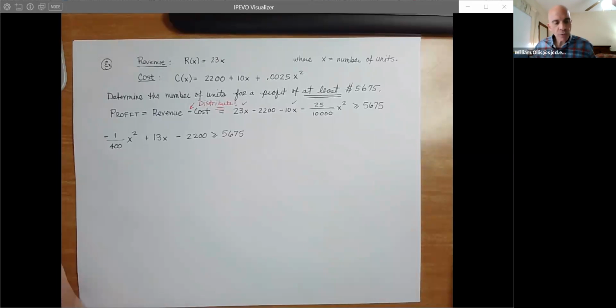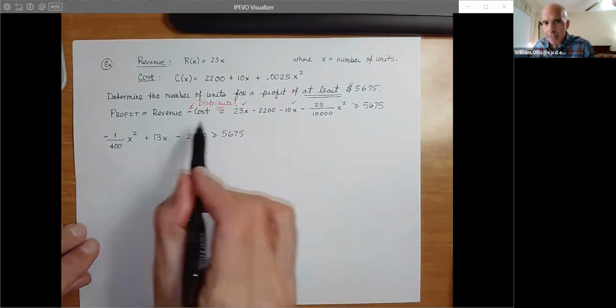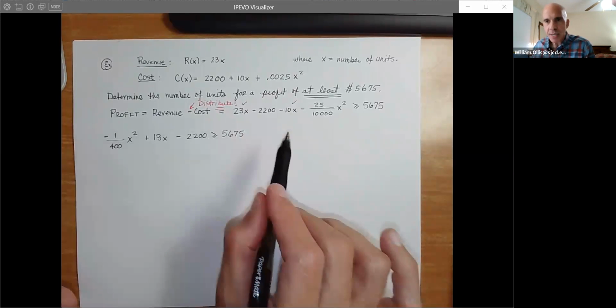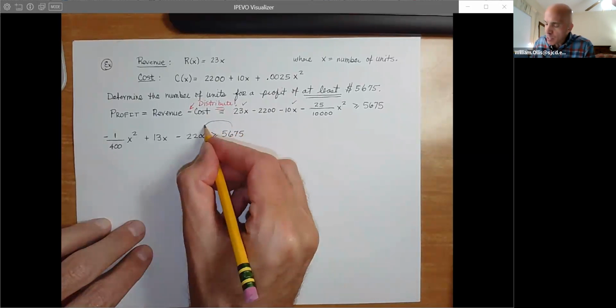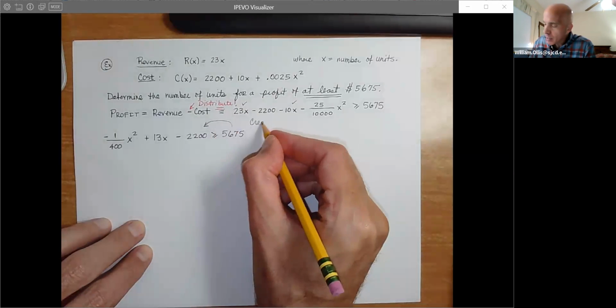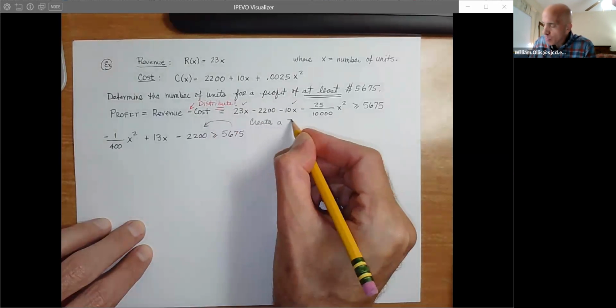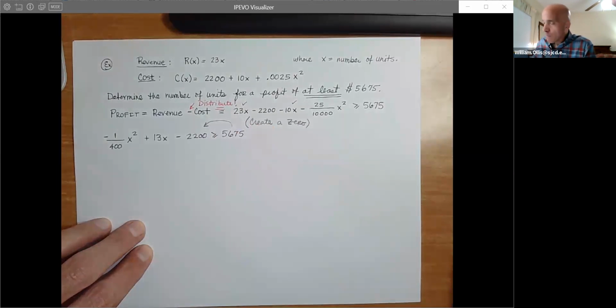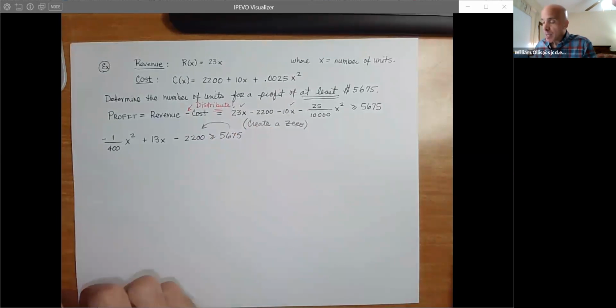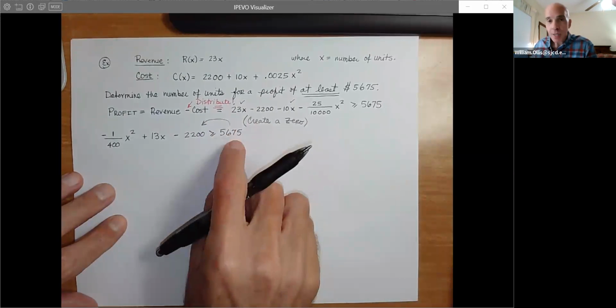Now, what I want to do, and this is important, let's go ahead and create the zero. At this point, you can use any order you like, but let's first create the zero. So right here, create a zero. Remember, for most of the inequalities, the only way to move forward is to get the zero.